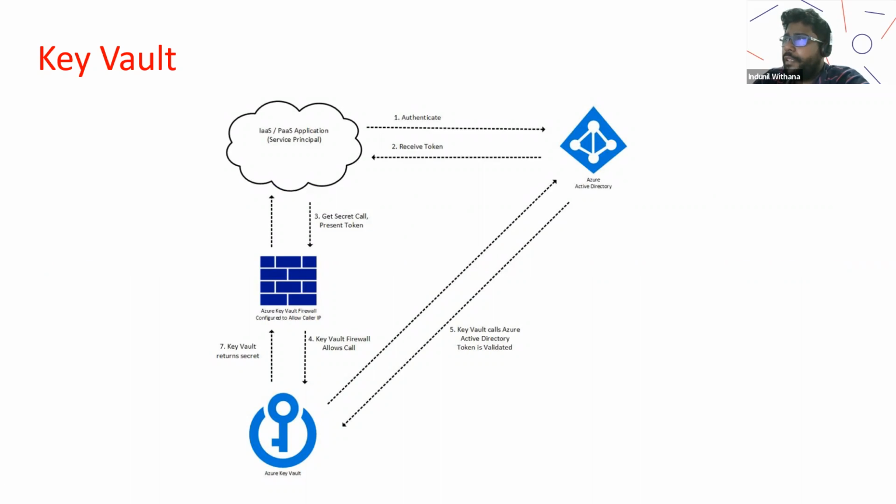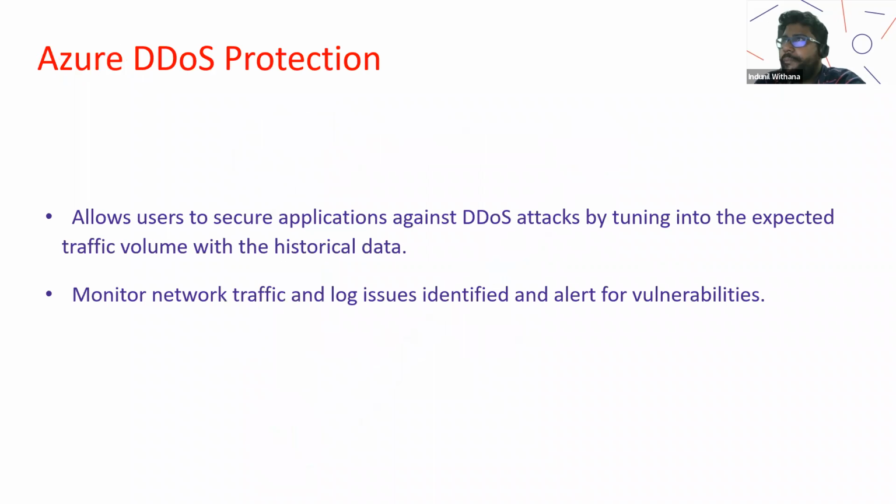You present the token to the key vault, and the key vault will do the token validation, and then users will be able to access their resources. So this particular flow will be happening in the key vault. You can integrate the key vault capability with the Azure AD.